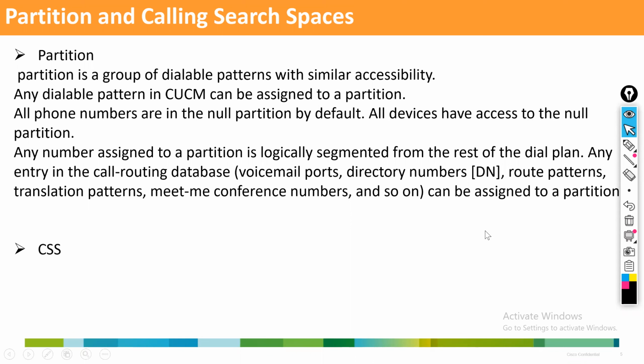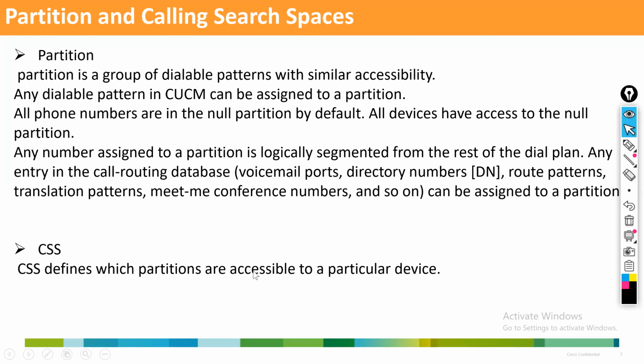Next, CSS. CSS stands for calling search space. It's very simple. CSS defines which partitions the user can reach. Under a CSS we can associate multiple partitions. CSS contains which partitions the user can reach. CSS defines which partitions are accessible to a particular device.